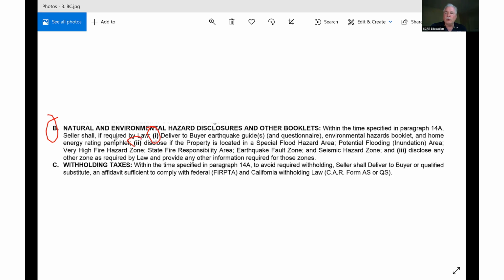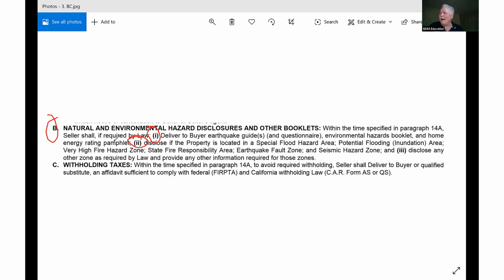Number 2, disclose if the property is located in a, here's my 6 zones: special flood hazard area, potential flooding inundation area, very high fire hazard zone, state fire responsibility area, earthquake fault zone, seismic hazard zone. I used to have this memorized with a little thing to help you remember it, but now I've forgotten it.